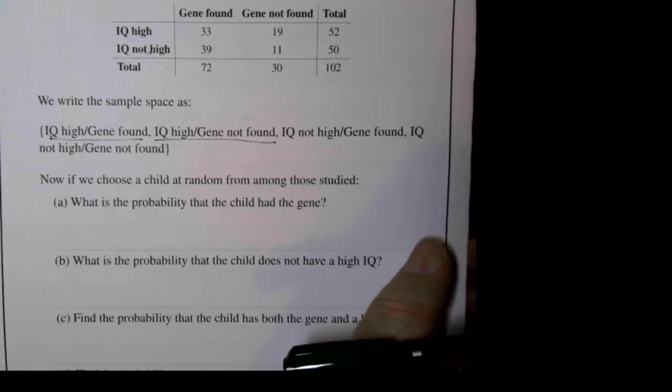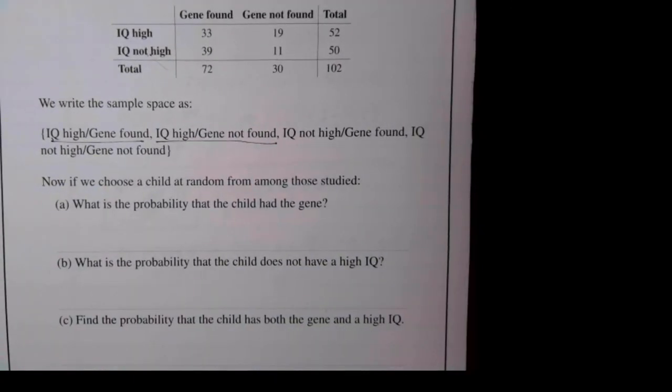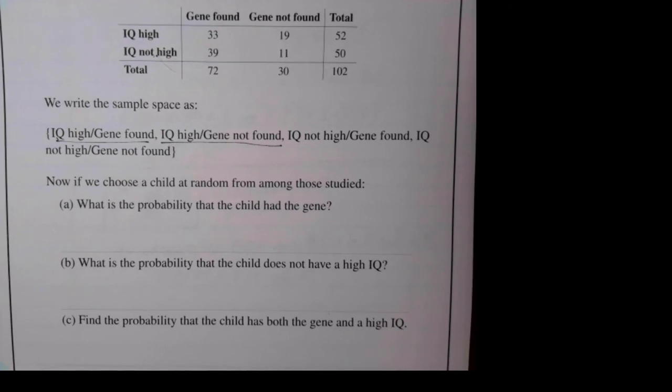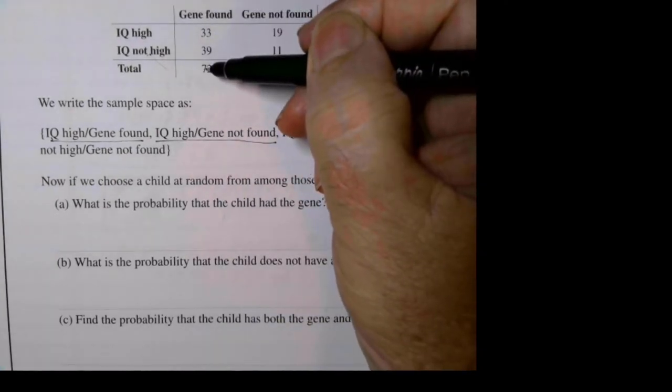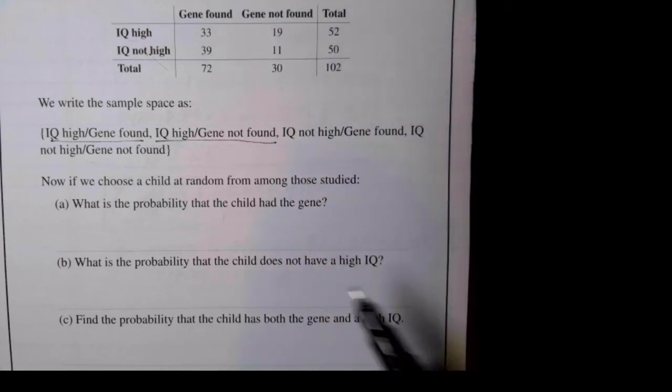All right, so let's do some calculations from this table. Here's the idea. You're going to choose a child at random from the 102 children who were studied. First question, what is the probability that that randomly chosen child had the gene? Well, the gene was found in 72 of the children. There were 102 tested altogether.